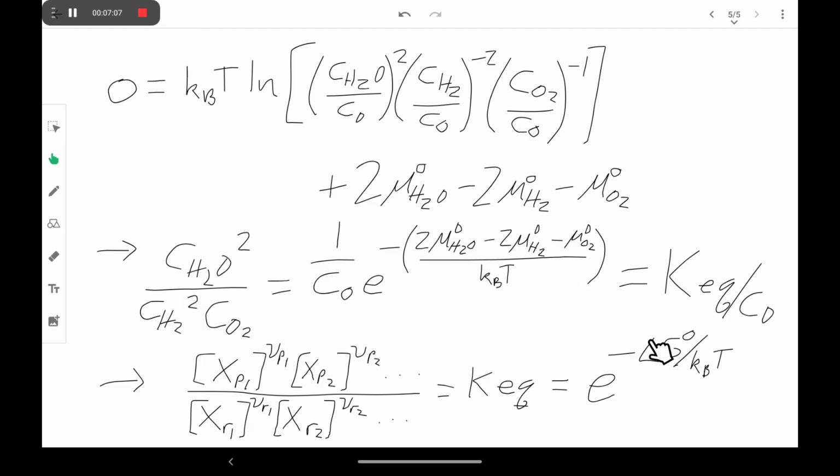That's something that can be tabulated. You can just do some experiments and tabulate that. So this whole constant of this equation can be looked up for different temperatures. That's the mass action rule, and it's basically a ratio of the concentrations. You'll be able to use this with one of the homework problems.